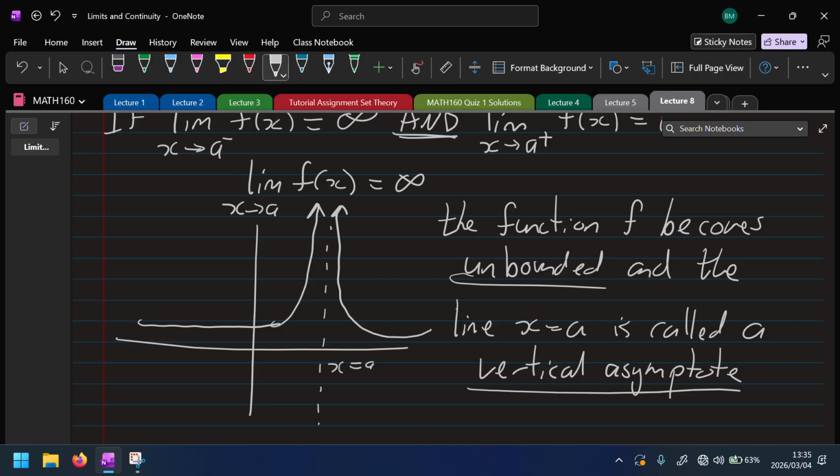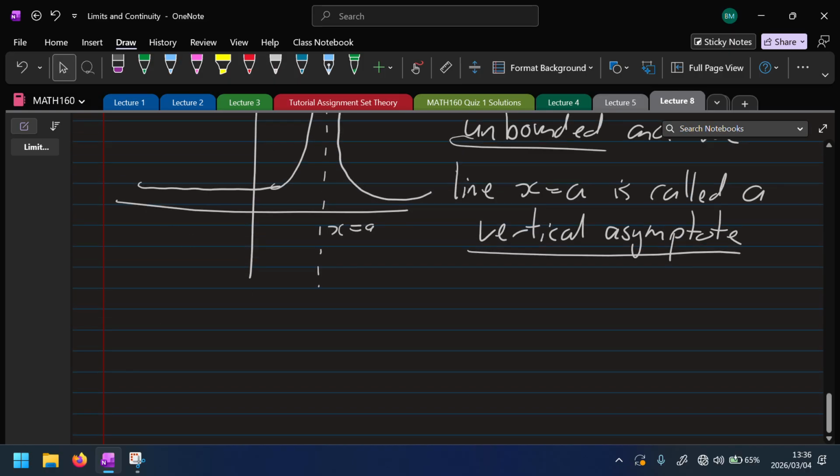Okay. Later on, we'll look at horizontal asymptotes and skew asymptotes. You wouldn't have covered that before. But for now, vertical asymptotes, it's a vertical line at x equals a, where on either side, we have the function going to infinity. Okay, so here the limit is infinite.